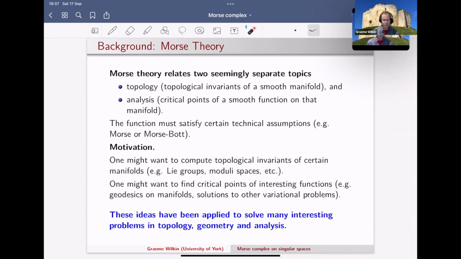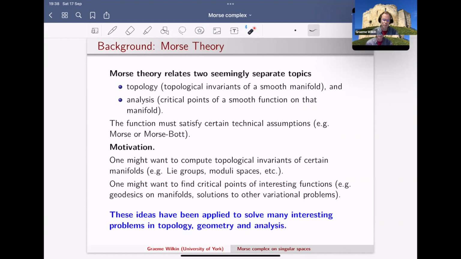So for example, you might have some manifold that you're interested in. You want to compute topological invariants, and you might have a nice function that you know a lot about. You can use Morse theory to compute topological invariants in that way. Or conversely, you might have a manifold that you know something about, and you might have a function that's really interesting, but you don't know much about it.